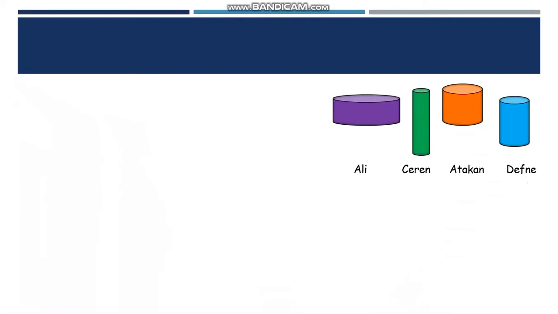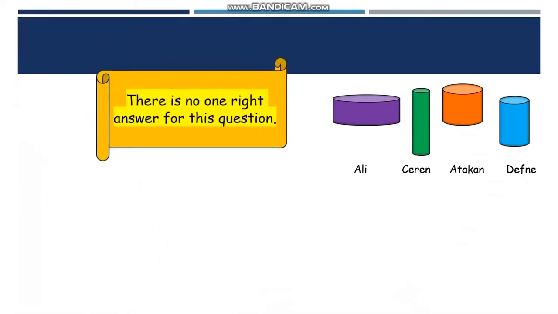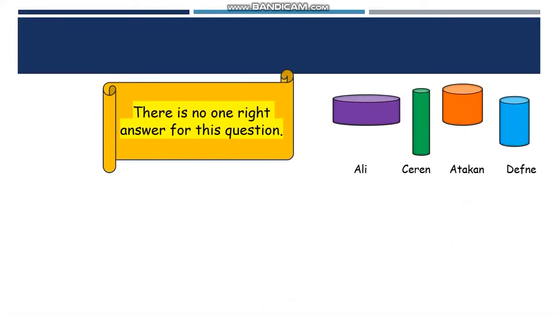I will write my comments here. Actually, there is no one right answer for this question, since I did not give you the radius and height.